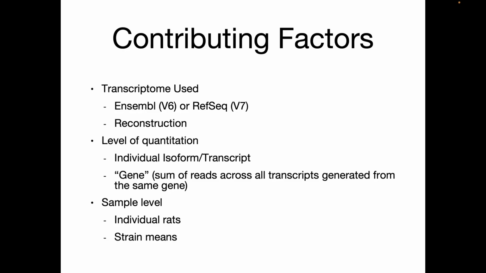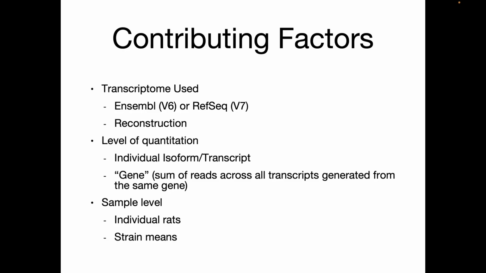There's still some discrepancy between the 2 annotated databases, but RefSeq does tend to be bigger in this case, where for years and years Ensembl was smaller and would have been thought of as the more comprehensive transcriptome database for the rat.